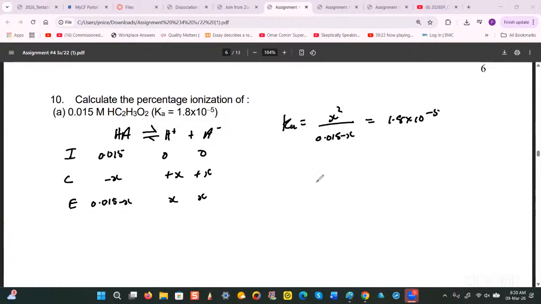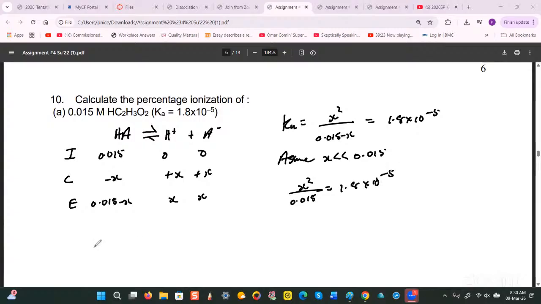And then we can assume again, like before, that x is much less than 0.015. So therefore, this simplifies to x squared over 0.015 is equal to 1.8 times 10 to the minus 5.